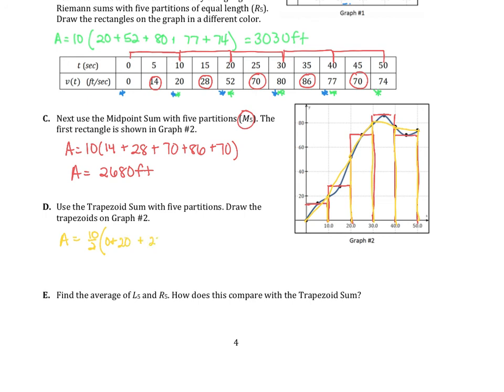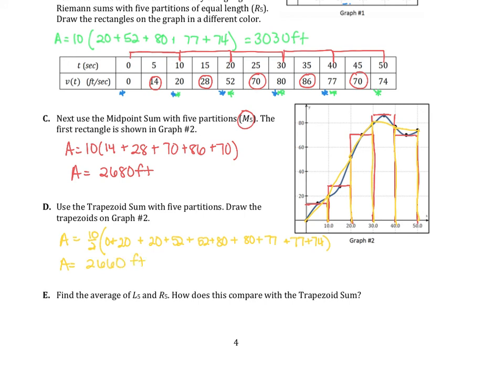My next trapezoid then has a base of 20 and 52. And then my next trapezoid has a base of 52 and then 80. And then I have one of 80 and 77. And then I have one that's 77 and 74. So this area is 2660 feet.